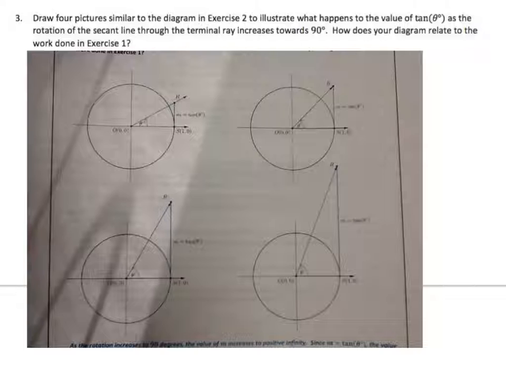As the rotation increases to 90 degrees, we aren't quite there yet, but as the rotation increases to 90 degrees, the value of m increases to positive infinity. Since m equals tangent theta, the value of tangent theta also increases to positive infinity.